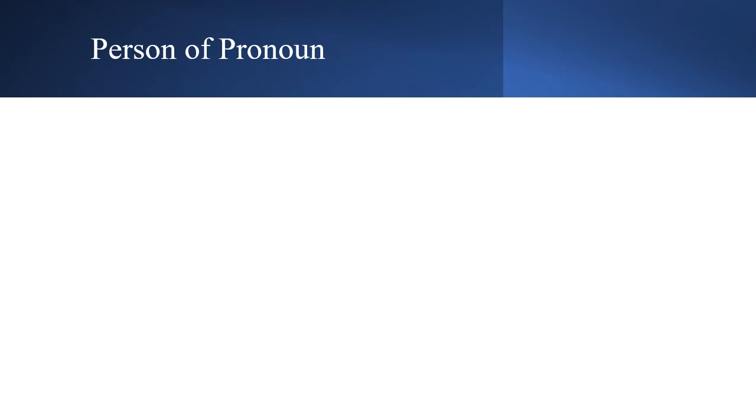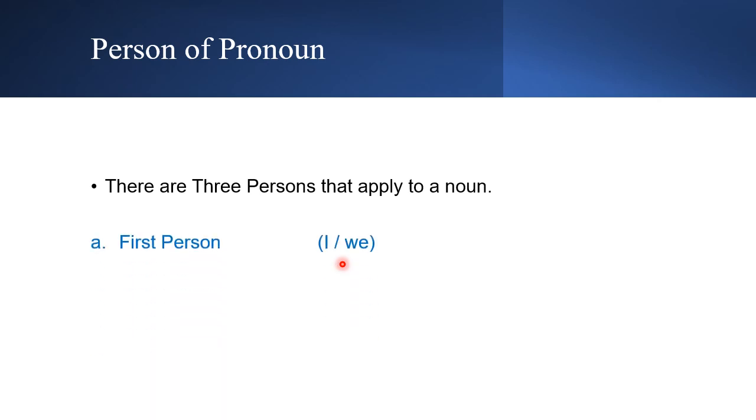The next is the person of a pronoun. You might have heard that pronouns are first person, second person, third person. This is what is known as the person. You could say it's a kind of narrative voice. We have first person, which is I and we.